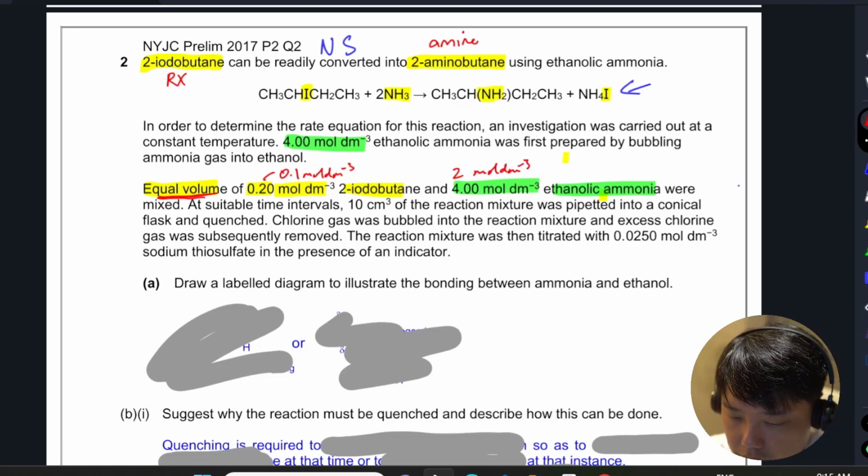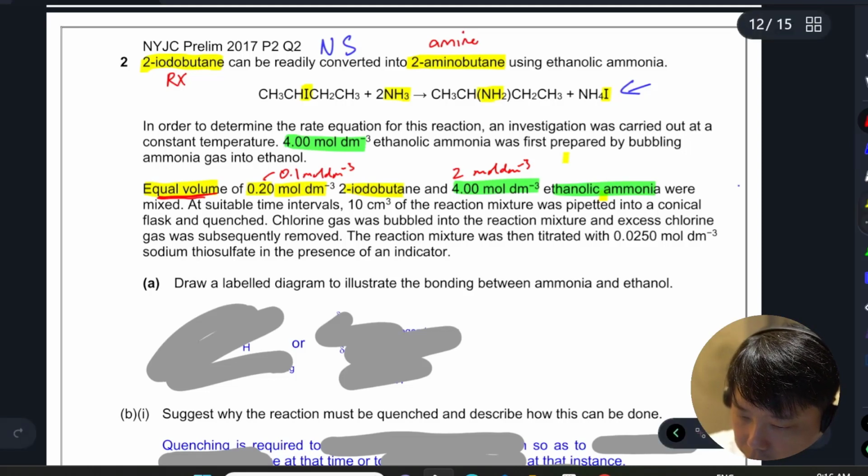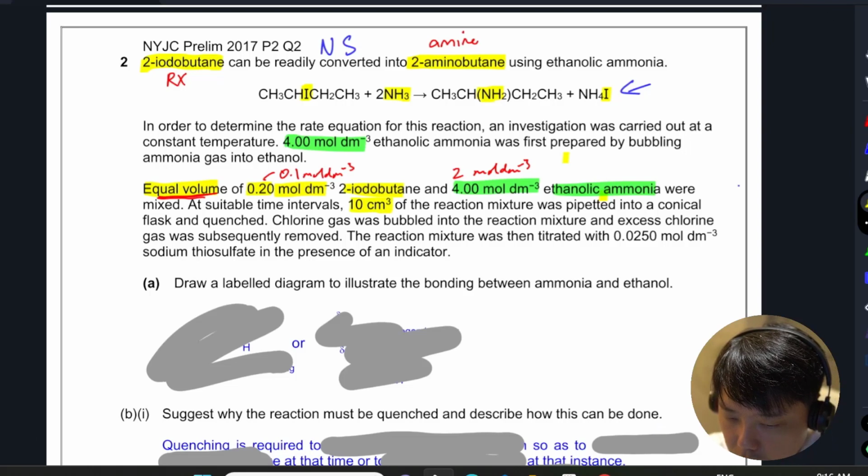Right, so then they say at suitable time intervals, 10 cm cube was pipetted out into a conical flask and quenched.